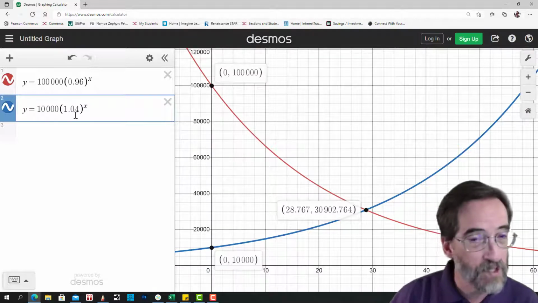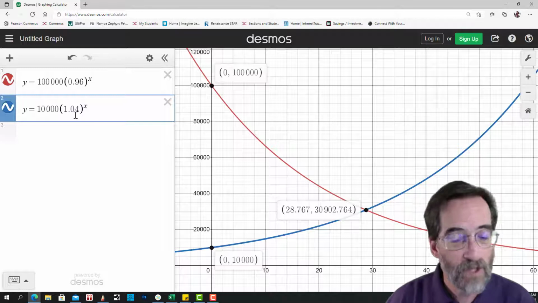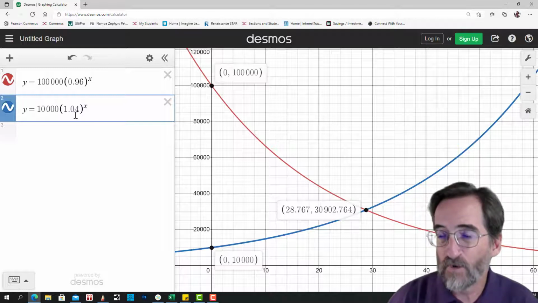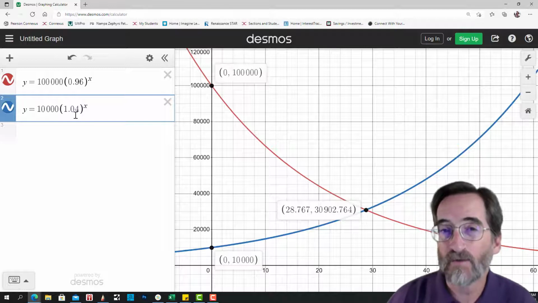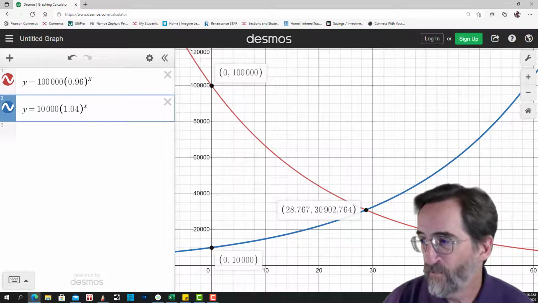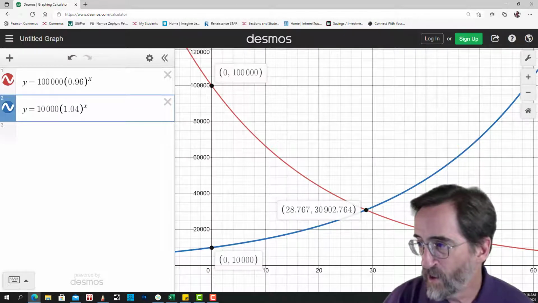When will the population of the towns be the same? And if you can, when will the population of Smallville be twice as much as the population of Boomtown? You can estimate that by the graph. Here, in my case, it looks like 20,000 is reached by Boomtown in 40 years.